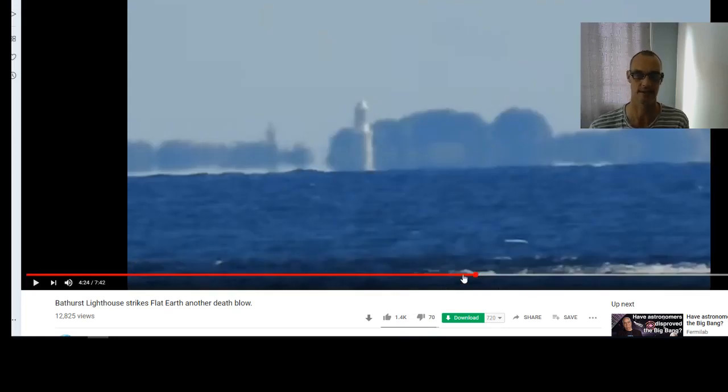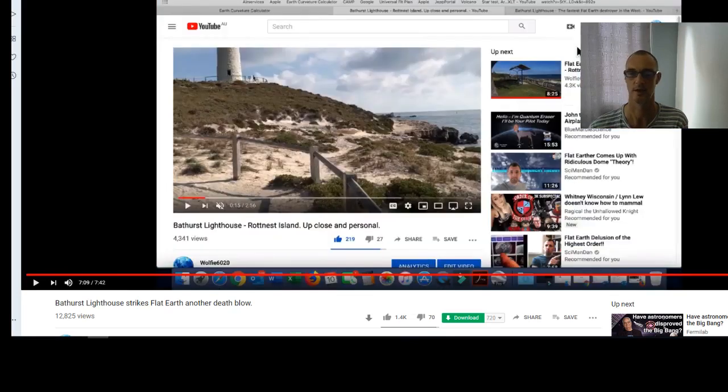And basically, we have this claim that not being able to see Bathurst Lighthouse is only due to curvature. Let's just have a look here. So here's a shot that shows that the lighthouse is on a chunk of land.